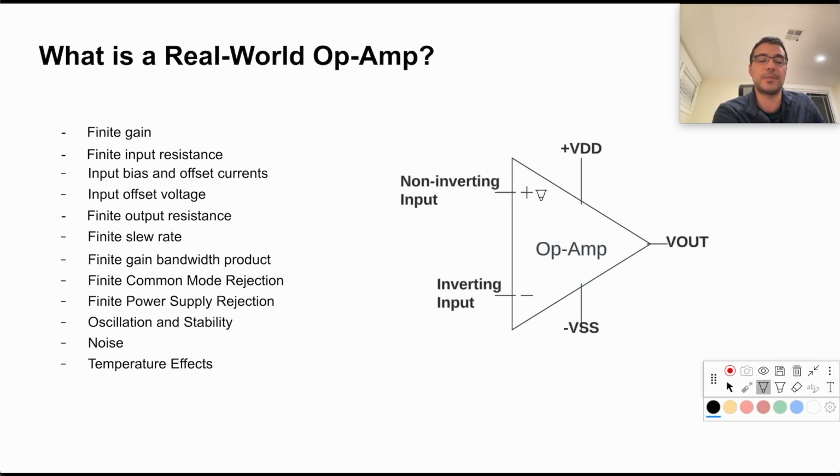When the temperature goes up and down, this can have very interesting effects on the input bias currents, the offset voltages, the common mode rejection capabilities, the power supply rejection capabilities, and specifically the noise. Typically, the higher the temperature, the more noise we get. So these are some of the differences between ideal operational amplifiers and real-world op amps.